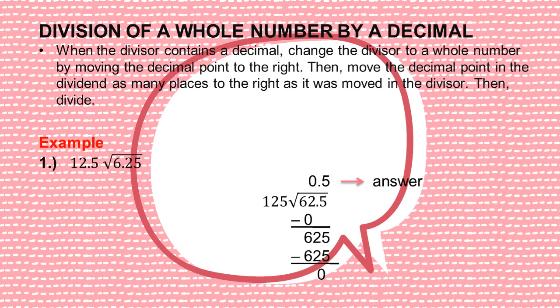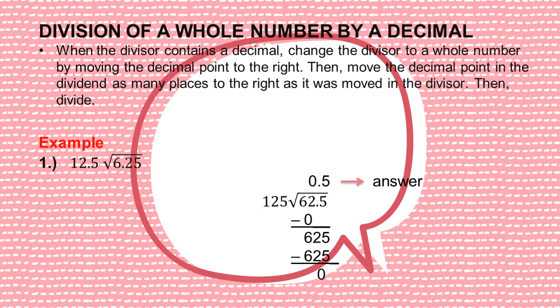So, doon sa quotient natin, itapat nyo na agad yung decimal point ng dividend sa taas. And then, yung whole number sa dividend natin, which is 62, yun yung una nating i-divide sa divisor. So, 62 divided by 125 is 0. Kasi, mas mataas yung 125 kesa sa 62.